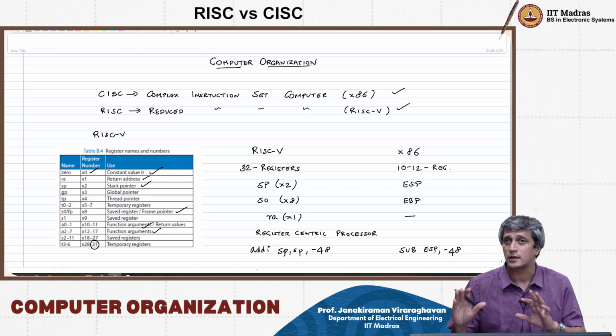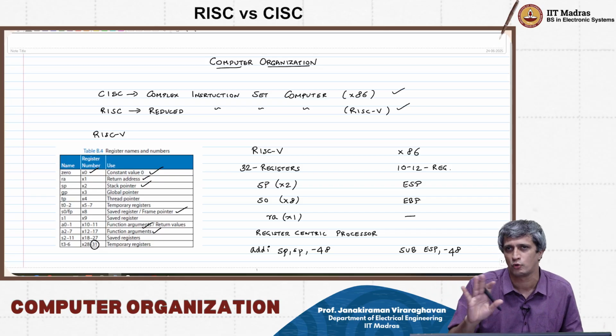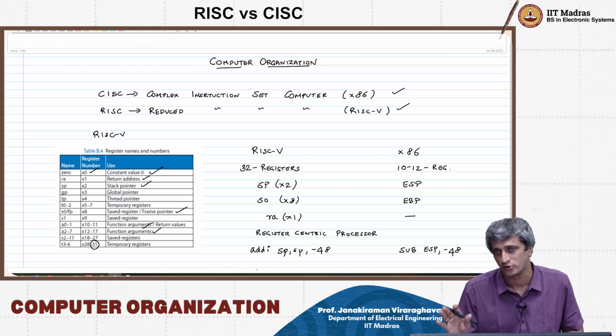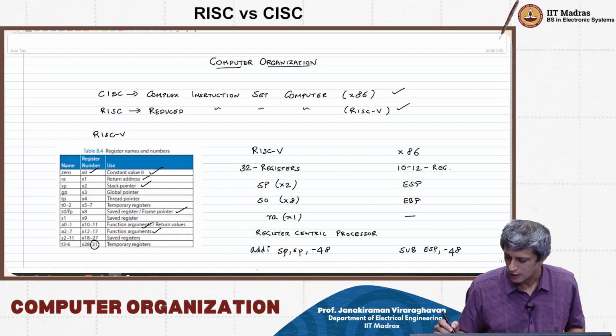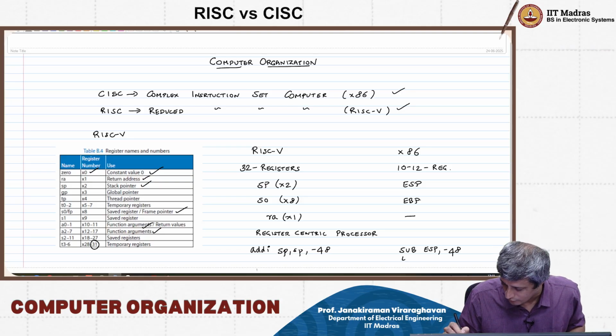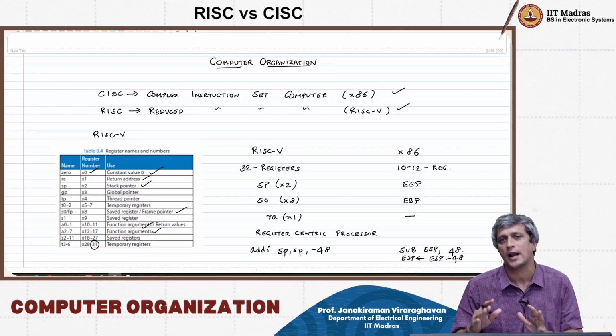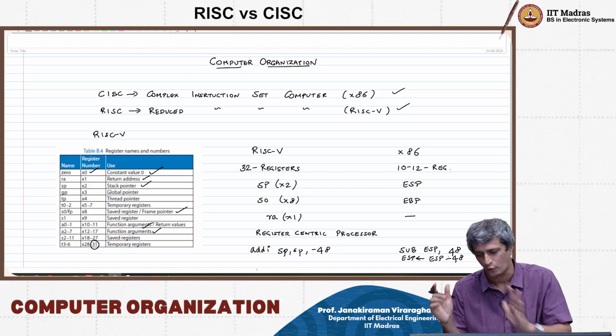However, it doesn't make sense to just reduce these kinds of instructions, add, sub, XOR. That's not the point of reduced instruction, and we'll come to that a little later. Here, subtract esp, 48 translates to esp equal to esp minus 48.